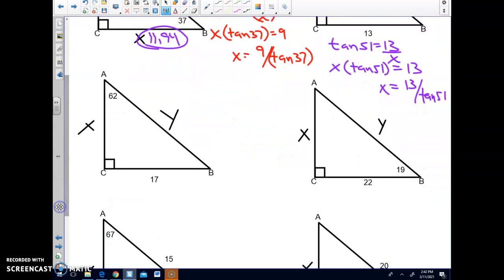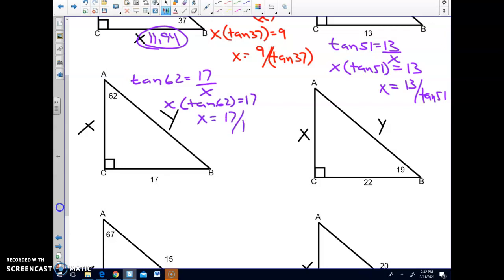As I come down here, obviously a little more work with finding sides and finding angles. Okay, I'm going to use the tangent of 62 is equal to 17 over x. So I'm going to multiply both sides by x. We're going to get x times the tangent of 62 equals 17, and my x equals 17 over the tangent of 62.